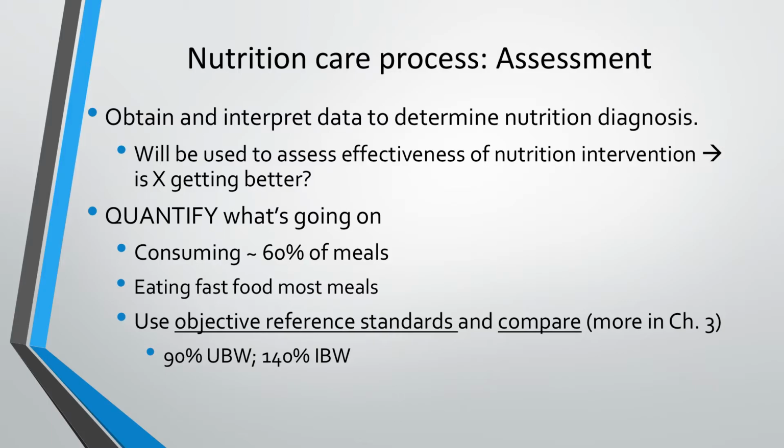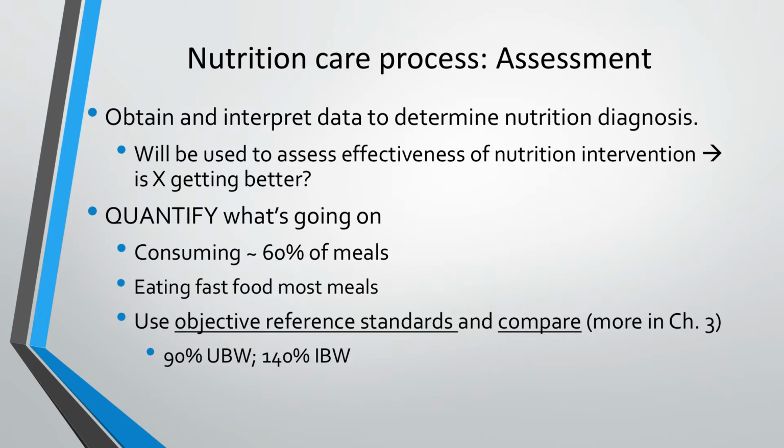So by looking at what's going on currently, when we follow up with the patient, we'll be able to see if what you're picking up on in the assessment phase is actually improving. You want to quantify to the extent possible what's going on with the patient. So use numbers when you can. They're consuming about 60% of meals. That gives me a good indication, if I'm following up, of how they're progressing.